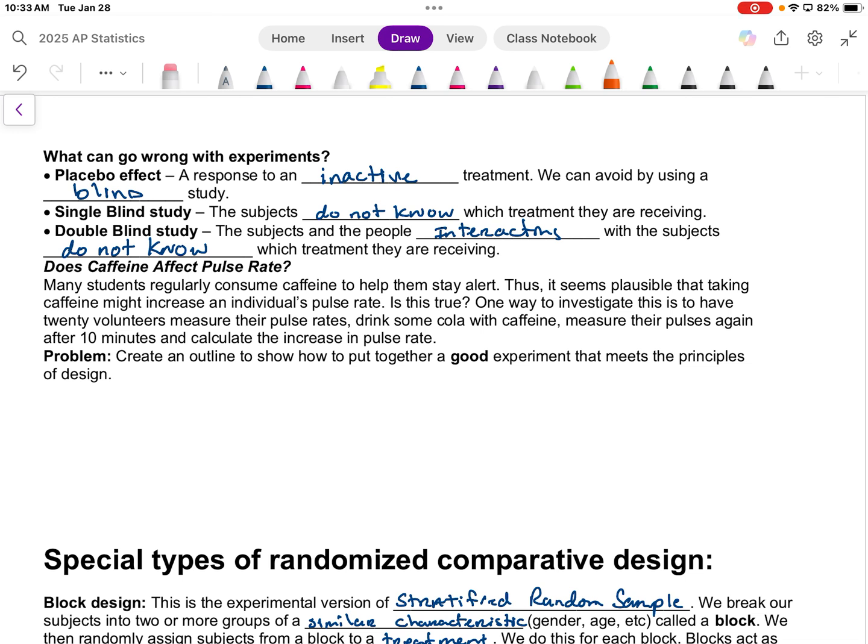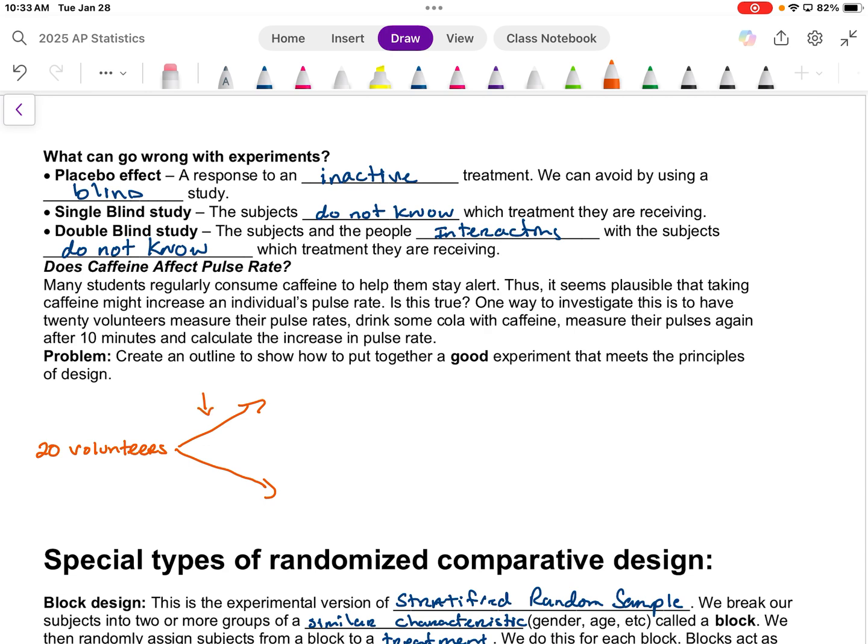So the first thing as we look at our design, our outline, we got 20 volunteers. That's where we're starting. We are splitting them up into a group that gets caffeine and then no caffeine.